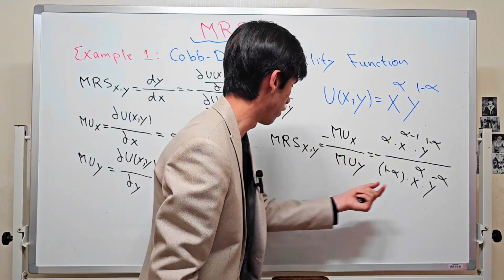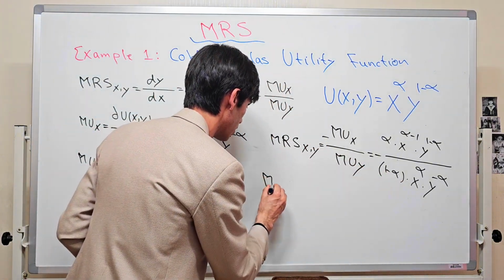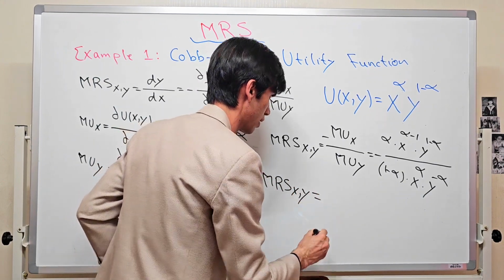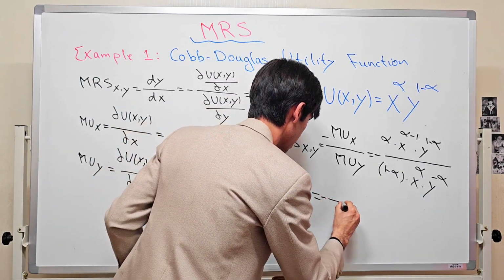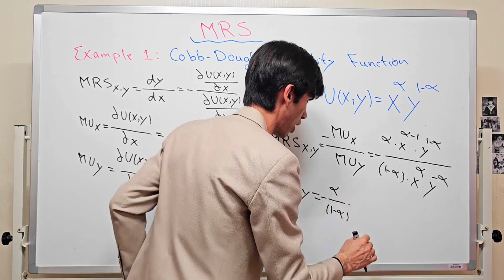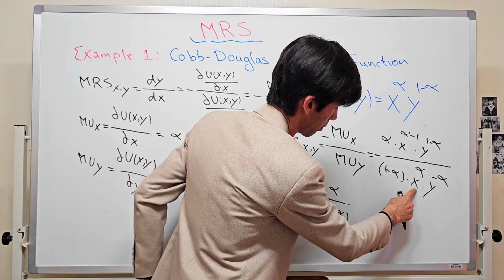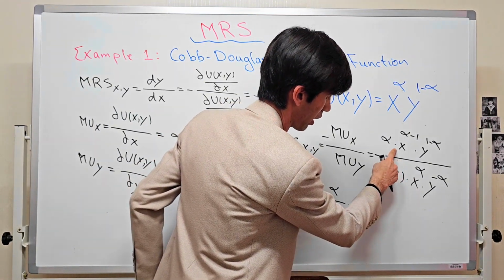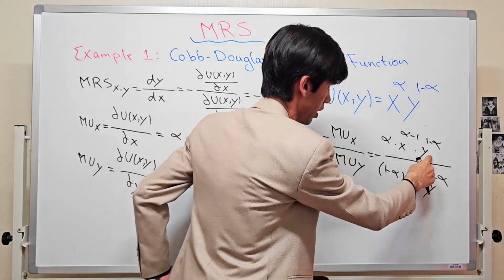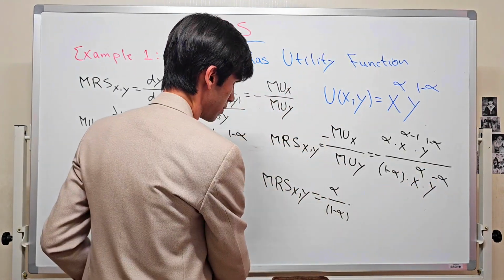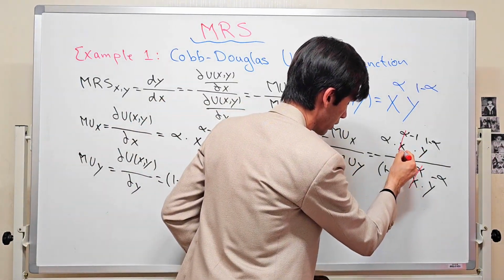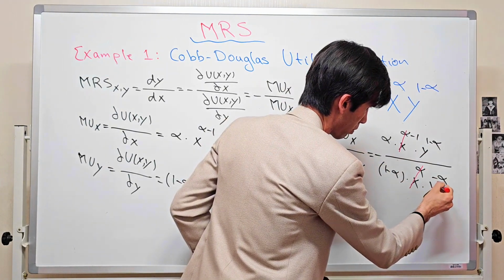We can simplify this. The marginal rate of substitution of x for y is equal to minus alpha divided by 1 minus alpha, multiplied by x to the power of alpha minus 1 over x to the power of alpha, and y to the power of 1 minus alpha over y to the power of minus alpha.